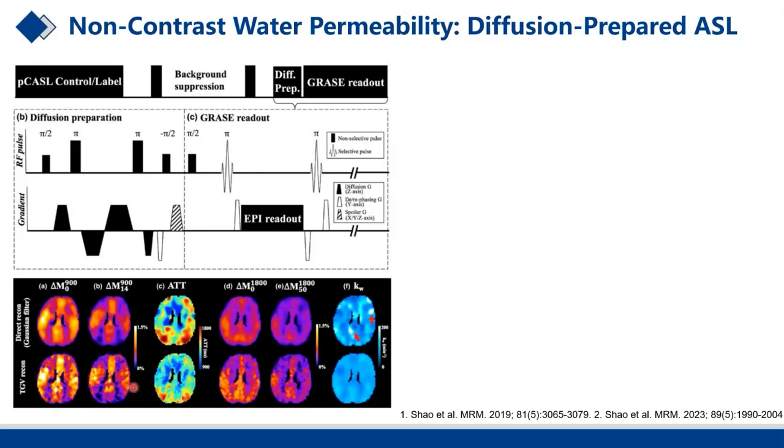But of course, they need ATT maps to calculate this value. This original version of the sequence is indeed 3D, but it has very low resolution, and it gives you only the KW value, which is not only dependent on the permeability itself, but also dependent on the cerebral blood volume.